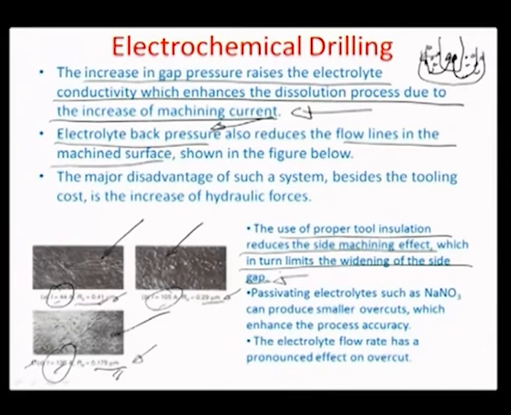One important aspect which we have studied while theorizing electrochemical machining and ion transport is that there are certain passivating agents which you would use from time to time in electrolytic solutions, so that you can get a better surface finish.